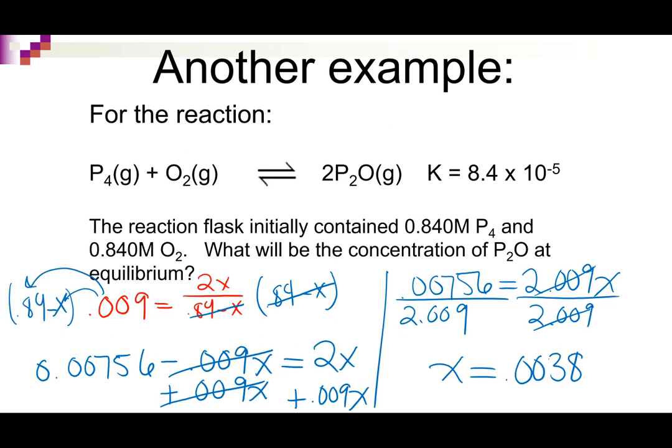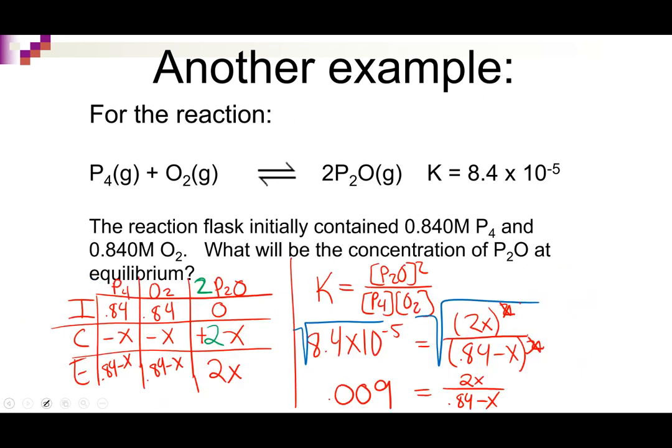So it's not asking for x, it's asking for the concentration of P2O5 at equilibrium. So going back to our ice table, this is the concentration of the product at equilibrium. So 2 times x would be that concentration.